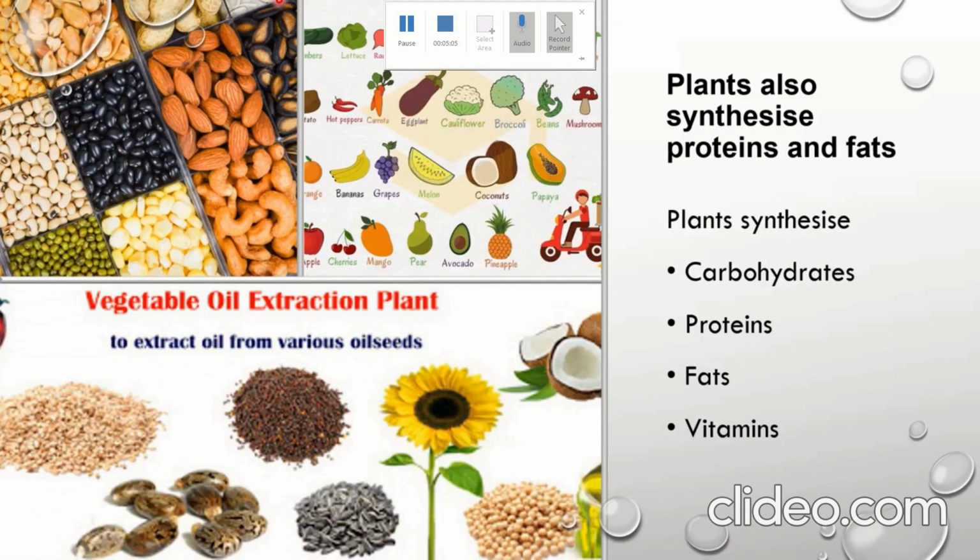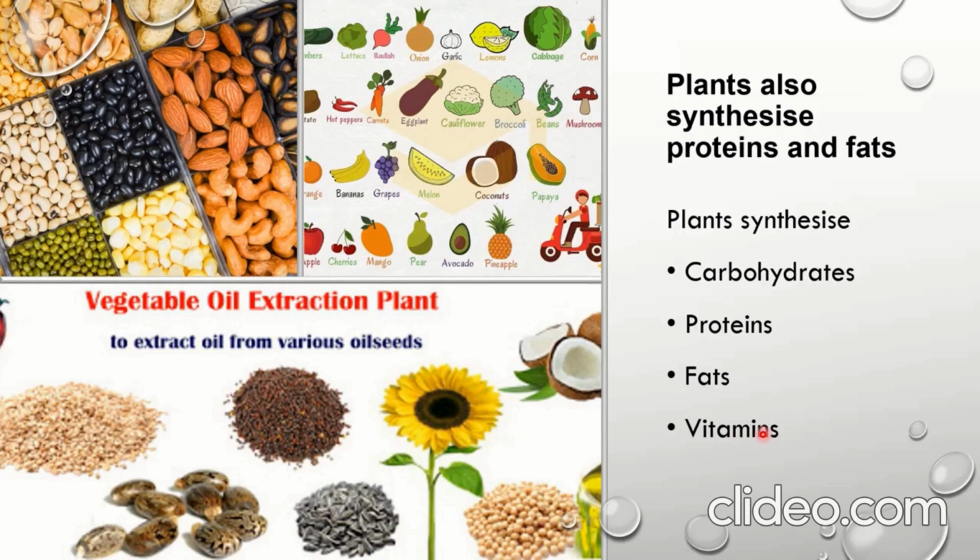We saw that in photosynthesis, the plant prepares carbohydrates. Now, how do the plants prepare proteins, fats, vitamins and minerals? These carbohydrates are modified, or complexified, as you can say, to form fats, vitamins and minerals. If you see the sunflower over here, it gives an extract of sunflower oil.